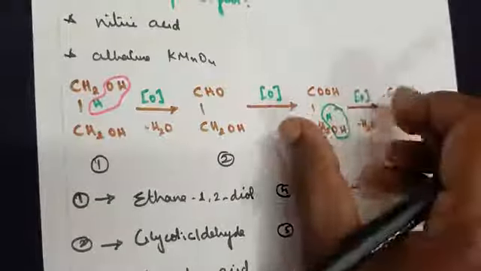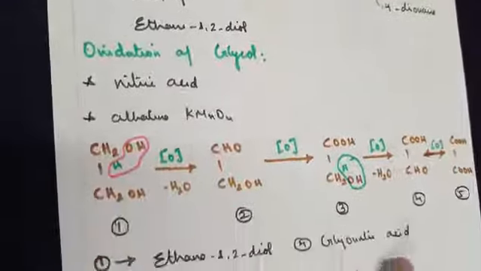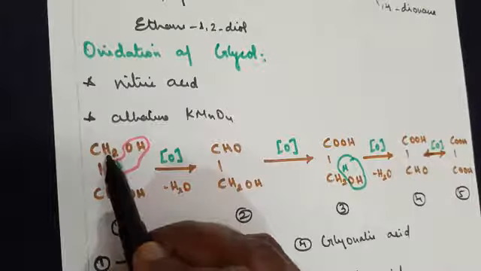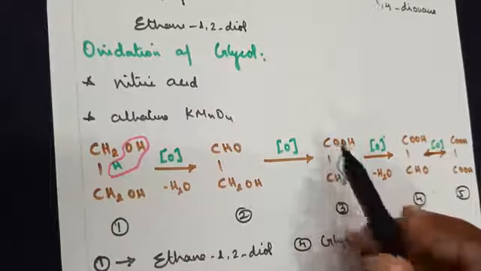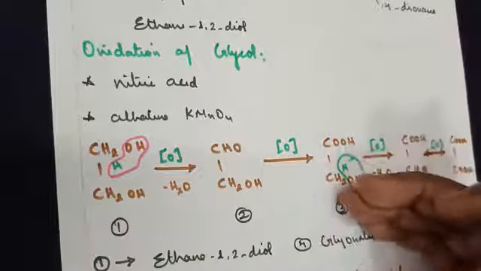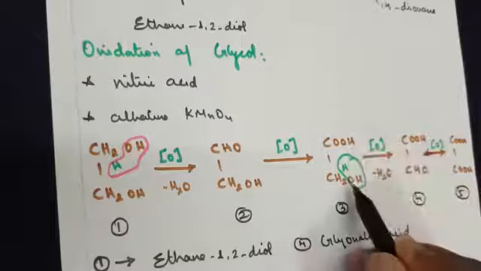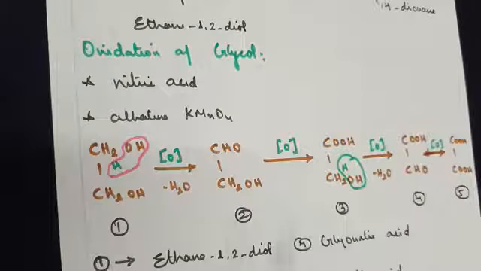So only so much in terms of oxidation of glycol. You needn't remember anything. Just first do the conversion for the upper part of the reaction. Once it's converted into acid, that COOH, then come down to the lower one. Just keep on showing addition of oxygen. At first you need to show the removal of water molecule.